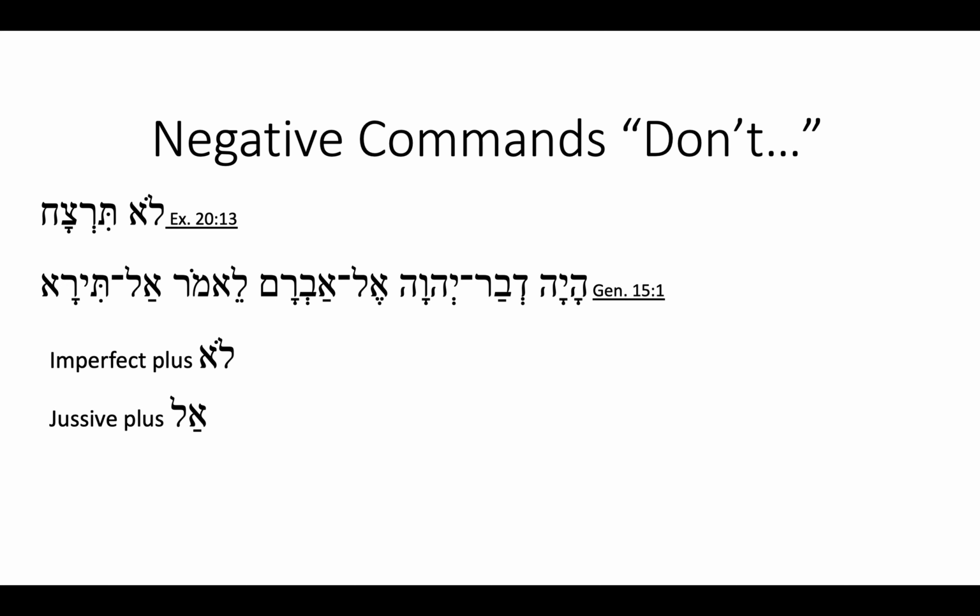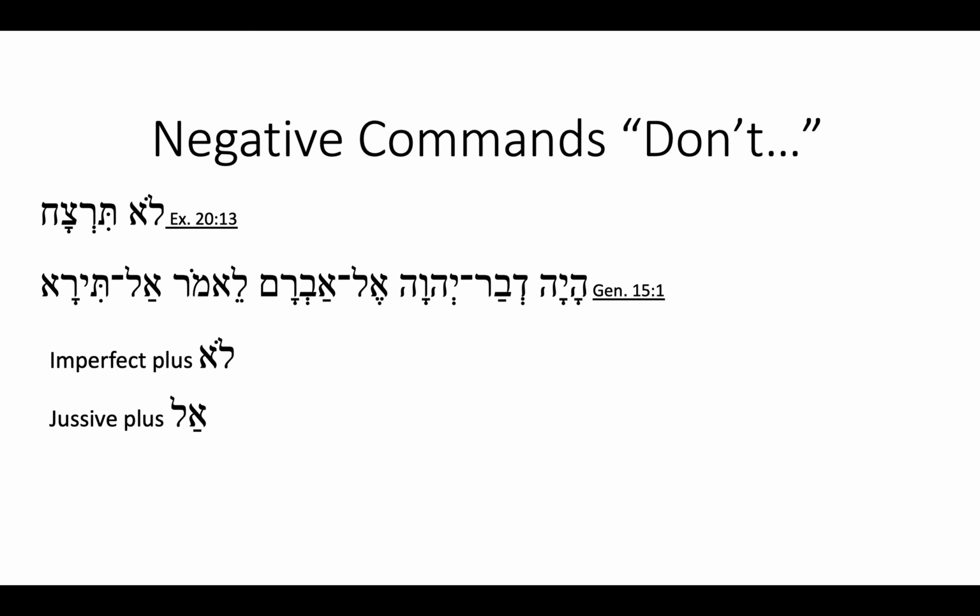There are basically two forms used to negate commands. They are the word lo, which we're already familiar with from vocab, hopefully, and we also have the word al, which is just the two letters flipped, and which also just means no or not. So in the top form, from Exodus 20, verse 13, thou shalt not kill, the negative command appears as lo plus the imperfect, lo tirtzach.